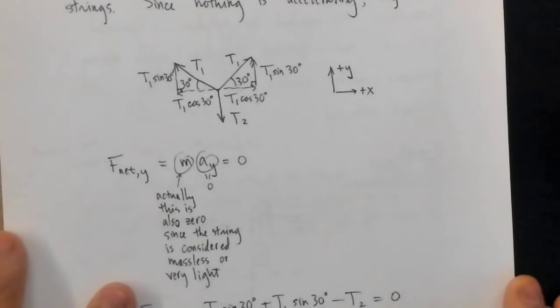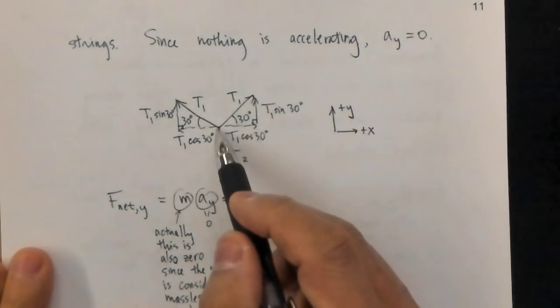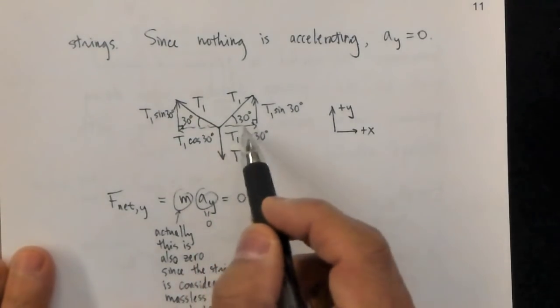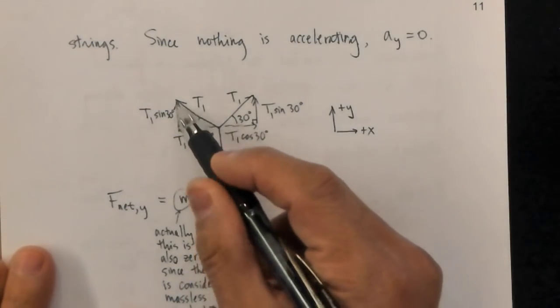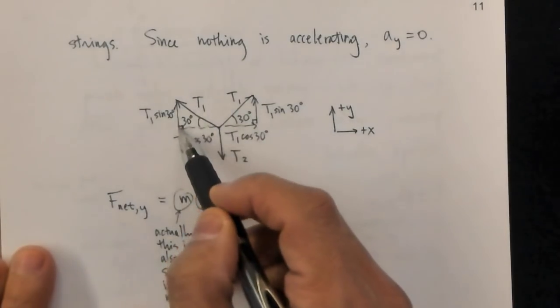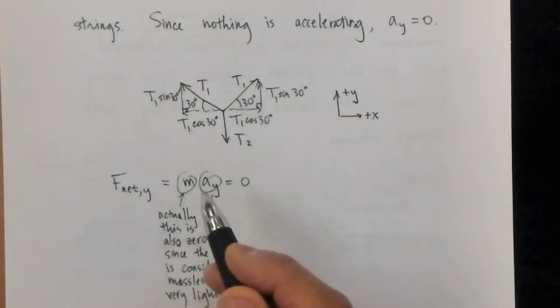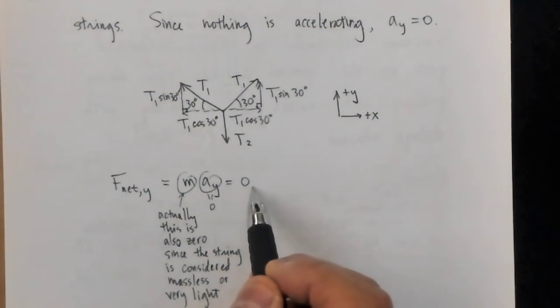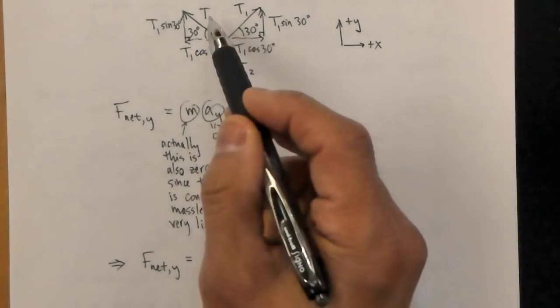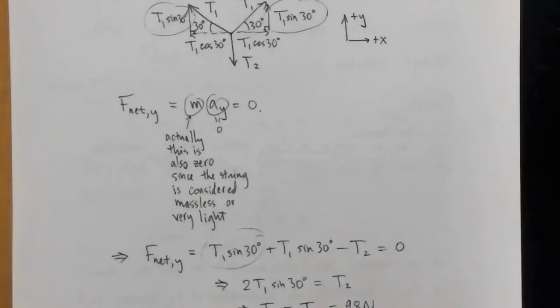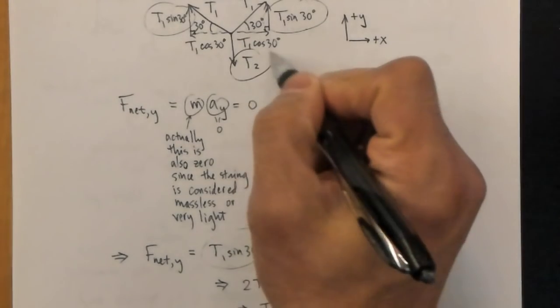But now you know T2, so now you can get T1 by analyzing the x and y components. The x components are kind of simple because they just cancel out because of the symmetry of the problem. For the y components, I get a T1 sine of 30 from this guy and a T1 sine of 30 from this guy here, and then I have a minus T2 going down.